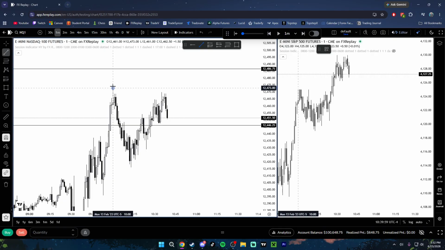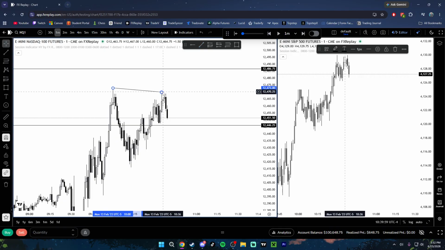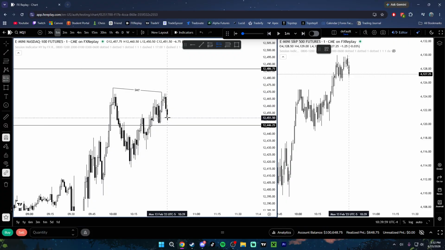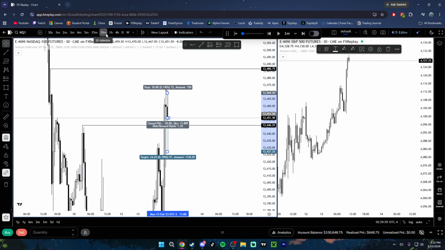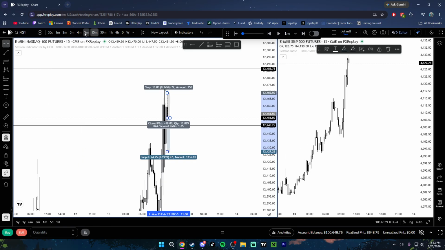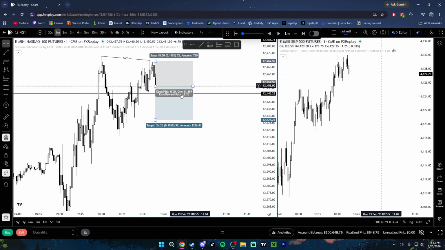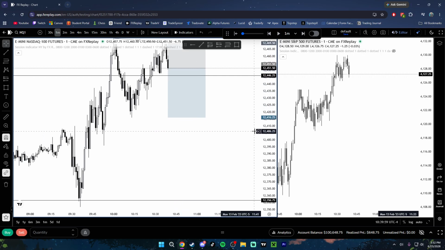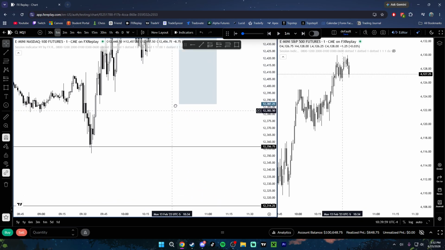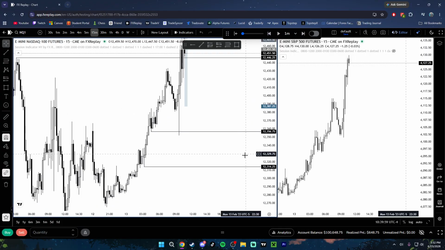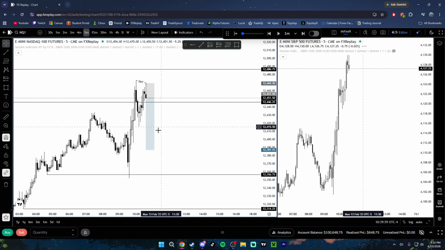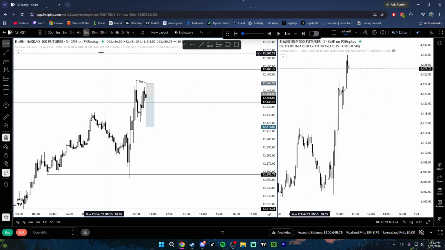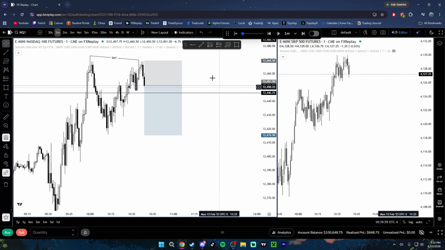We have an SMT here with the ES, and then a 1 minute inverse. What are we delivering from? Over here, let's say the starter block. And we'll target this second, oh, this 5 minute.